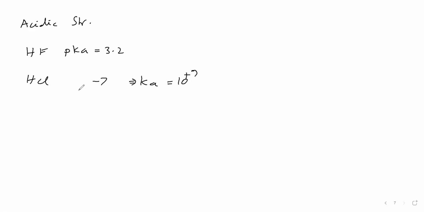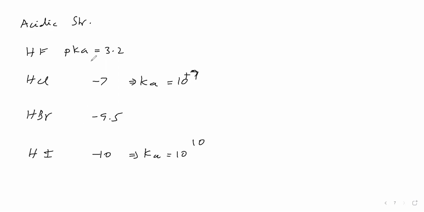Ka is very large, therefore HCl is a strong acid. HBr, pKa is -9.5. HI, pKa is -10. That means Ka is equal to 10 to the power of 10.